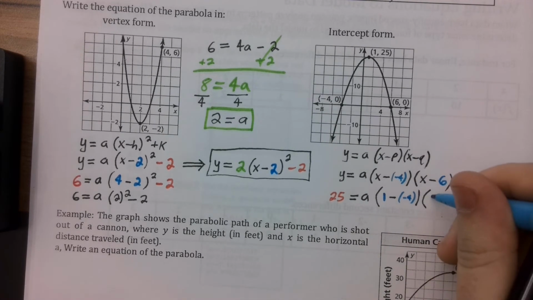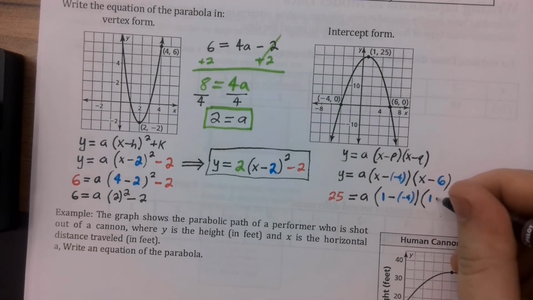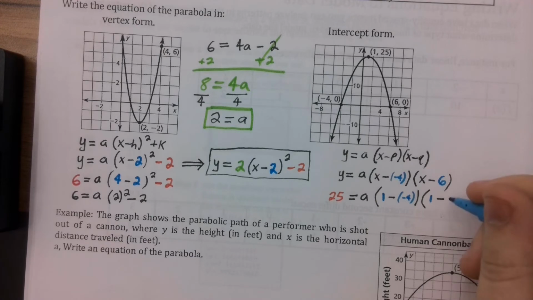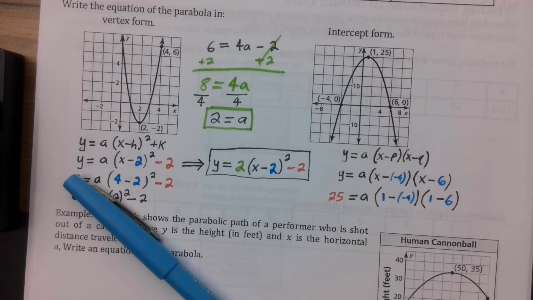We're plugging in 1 again. You'll have to plug in your x of the point twice. But that's 1 minus 6. Now we just simplify and solve for a again.